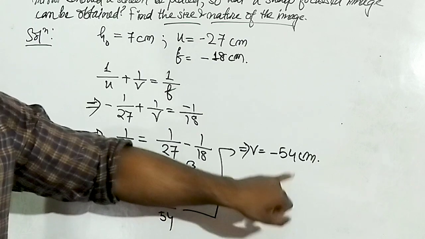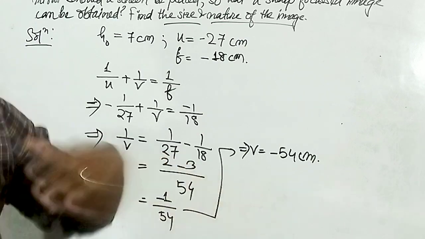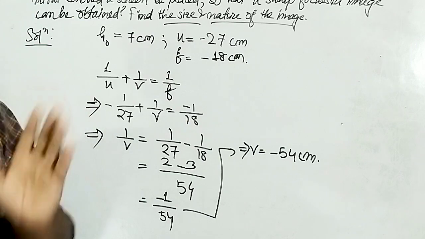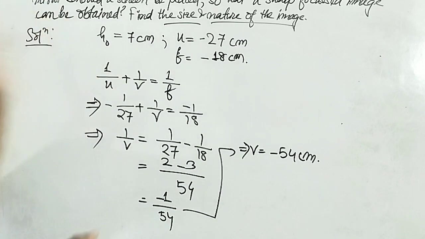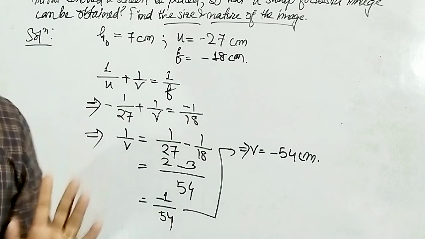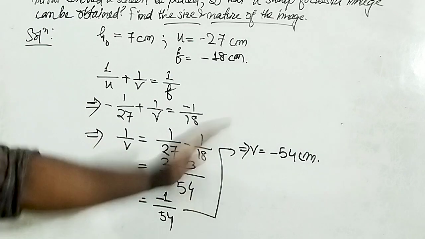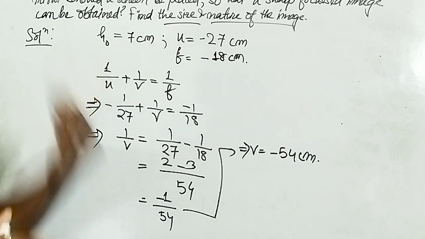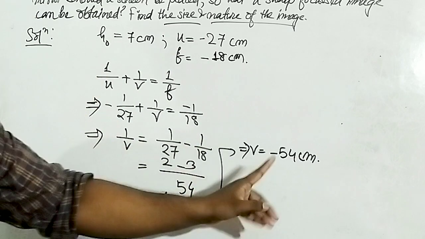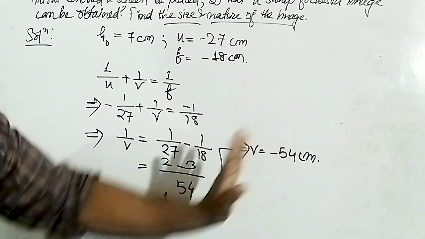Okay, so we will be able to say the position. It will be in between focus and pole. Then only the virtual image forms in case of concave mirror. That is the only exception in case of a concave mirror. But since it is on the negative side, that means it is in the real world, or it is on the left side of the concave mirror, right? So the image is real and inverted, right?